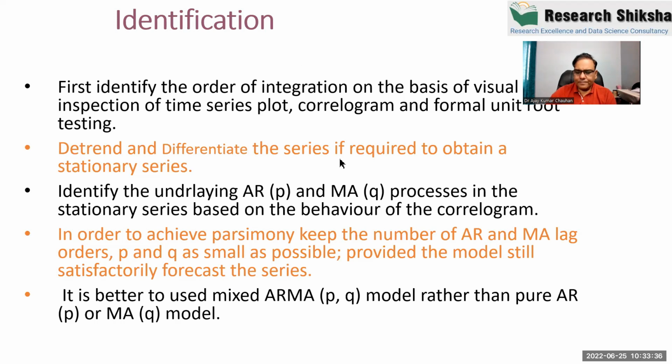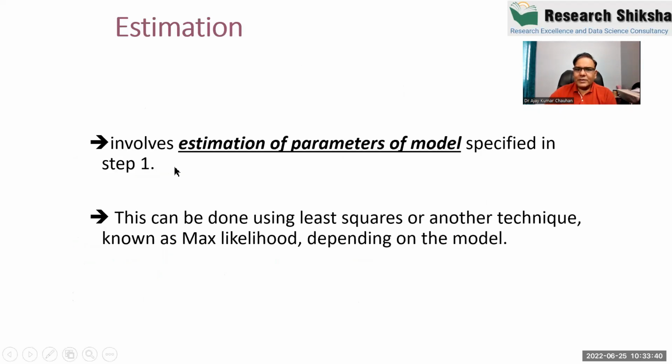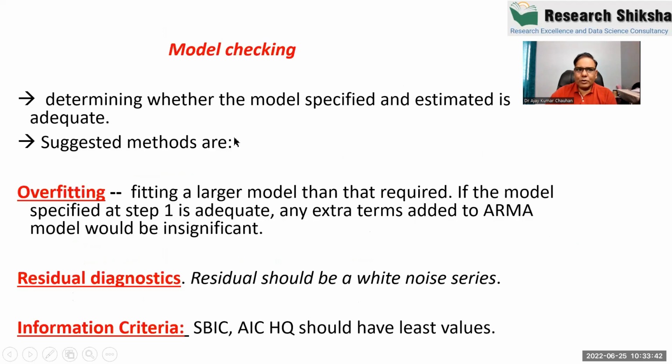Then estimation, where we run the estimation model. In model testing, we test whether the model is good or not. We analyze the residuals of the forecasting model, because if the forecasting model is good, the error term should not have any information.